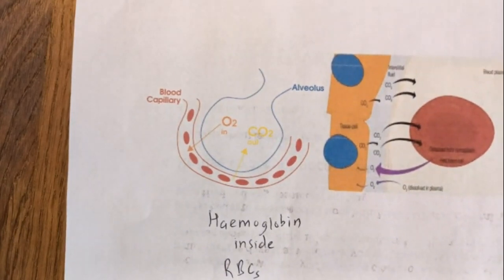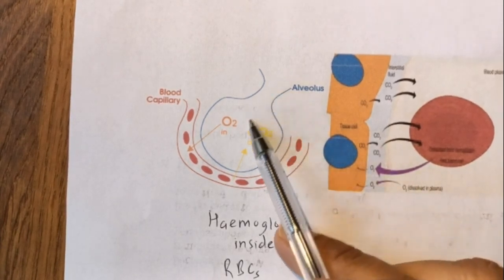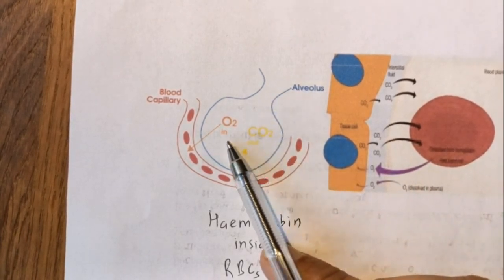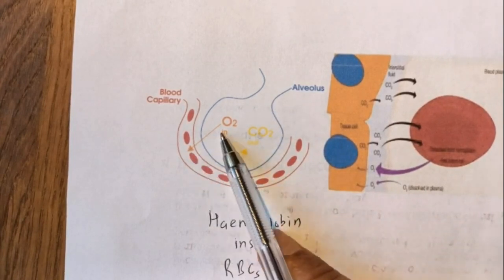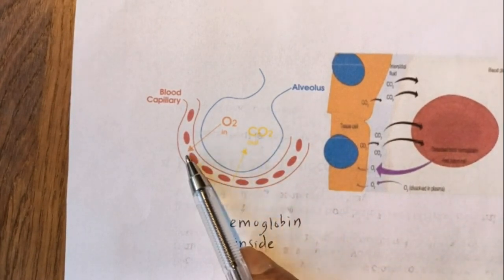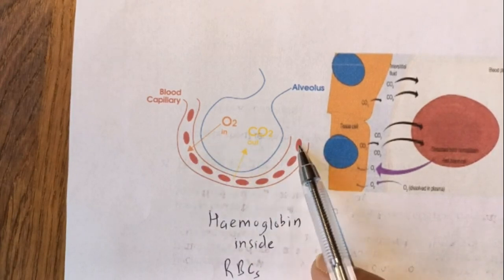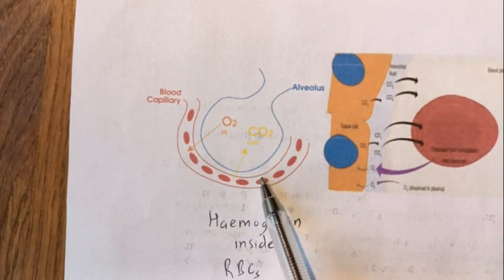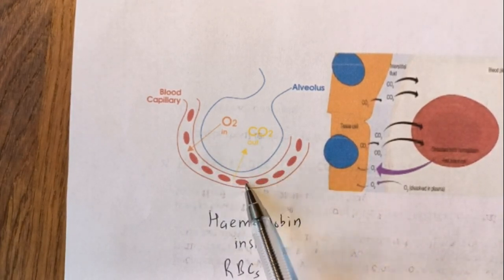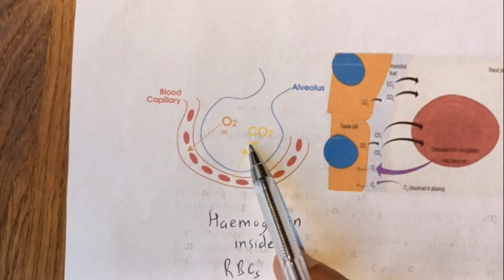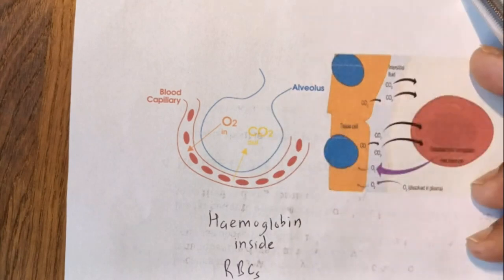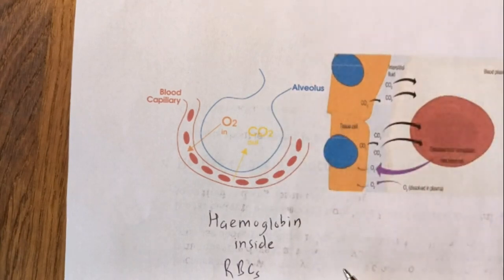a continuous inspiration and expiration going on, and the air is brought from the environment to the alveoli, and then oxygen from the alveolus enters into the blood, and carbon dioxide that is brought from the tissues by the blood flow is exhaled out into the alveolus and transported out to the atmosphere.